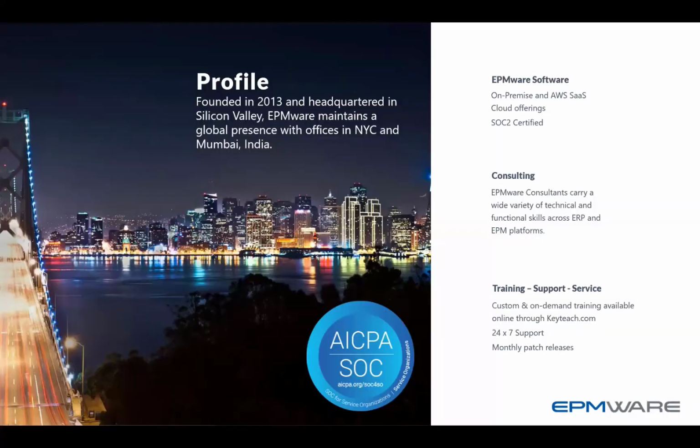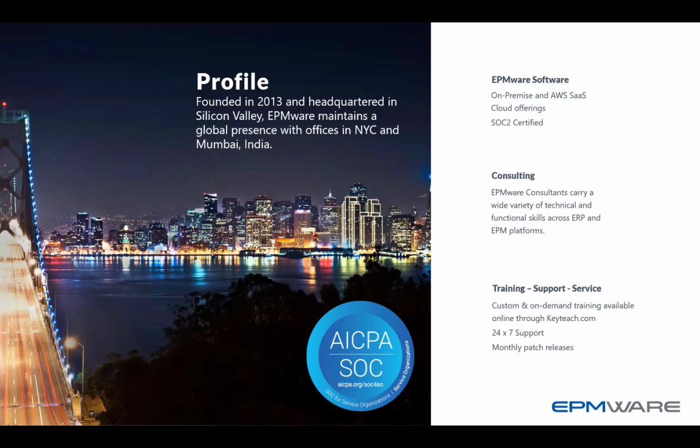Just to get started, a quick overview for those of you who don't know us. We are EPMware. We are a software company headquartered in Silicon Valley, with presence in New York City and also in Mumbai. EPMware is a master data governance software offering, available on-premise and as an AWS SaaS offering.